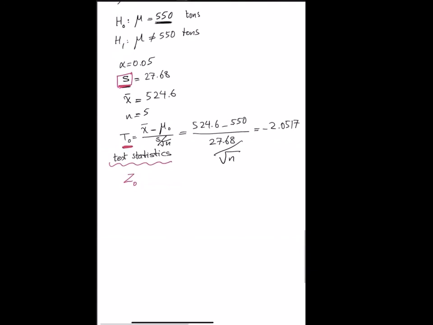Now, can you tell me, okay, this is the value of my test statistics. Can you tell me what are the values I have to compare this one to and then decide on the rejection or fail to reject the null hypothesis? How do I get the critical values?